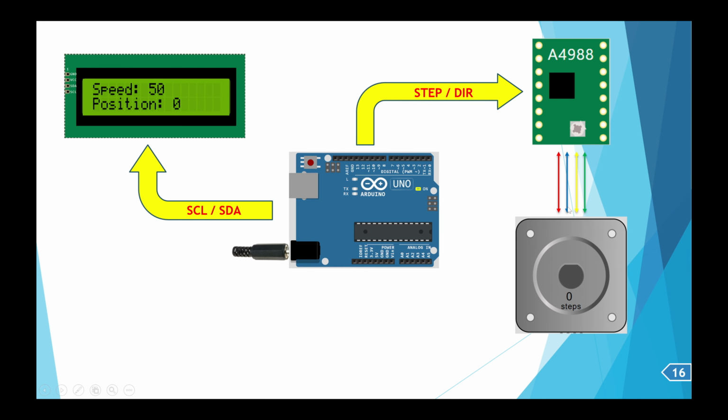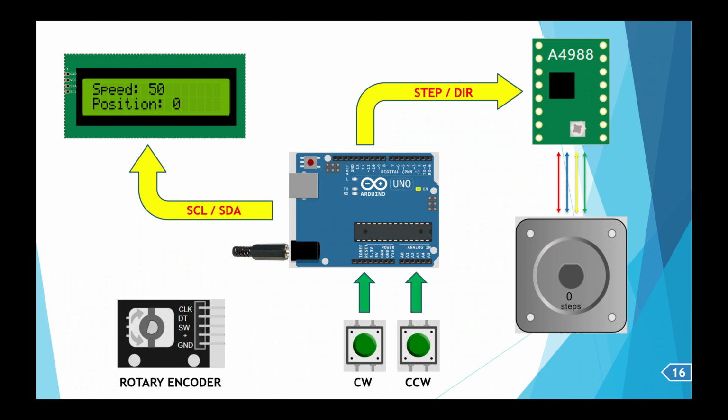The initial starting position of the shaft has been taken as 0 over here. Now there are also two buttons which are called the CW and CCW, that means the clockwise and anti-clockwise movement of the motor. These two buttons are used for rotating the motor in the clockwise and the anti-clockwise direction.